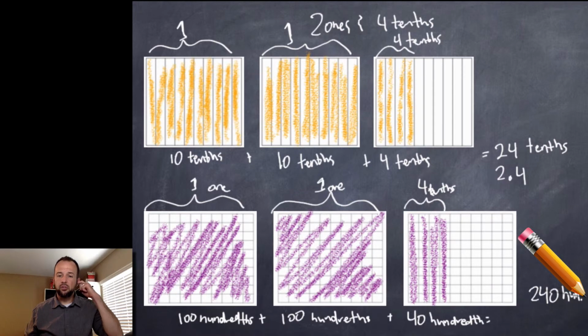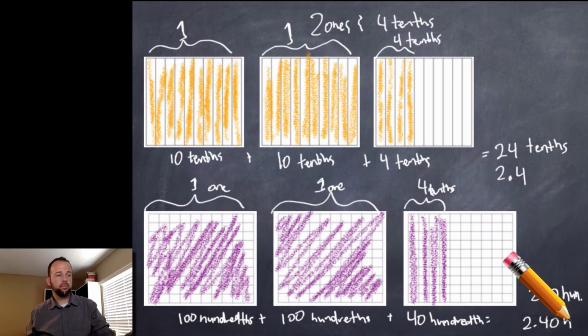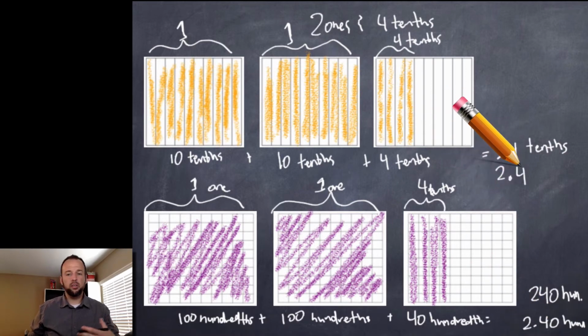Can't quite fit that in there, but you get the idea. Which is also the same as 2 whole and 40 hundredths. I don't really need to write the hundredths in there, but you get the idea. So this 2 and 40 hundredths and 2 and 4 tenths, they're the same amount, same value. So we can write that number 2 different ways, if you will.